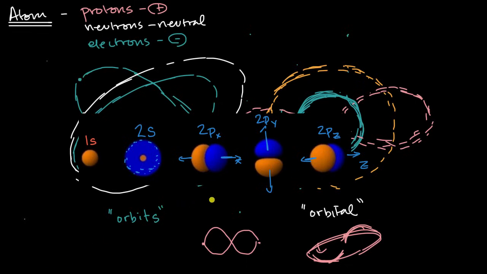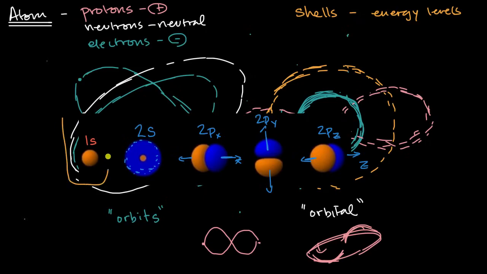Now, one last point is to make sure you understand the terminology of orbitals and shells. First of all, you have this idea of shells, and sometimes the word shell will be used interchangeably with energy level. In this visualization right over here, I've depicted the 1 shell, and then I've also depicted the 2 shell.